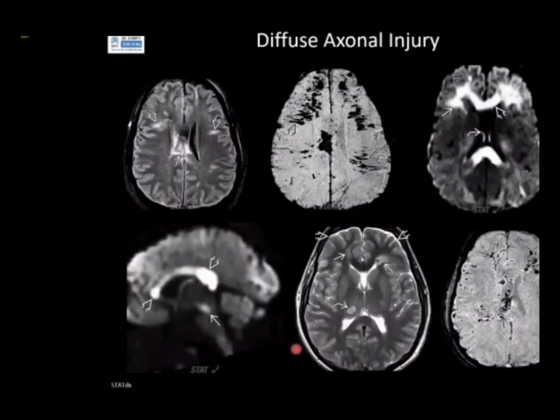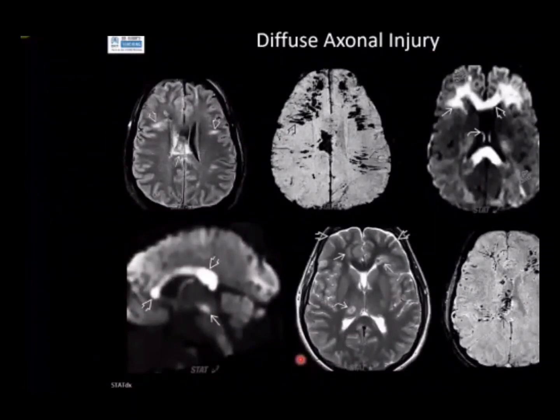Okay, so this is diffuse axonal injury, and just for the purpose of practice, I want you to take us through the findings on these sequences. We know the diagnosis. Please, over to you. Okay, thank you. This is MRI of the brain, multiple sequences, axial cuts.